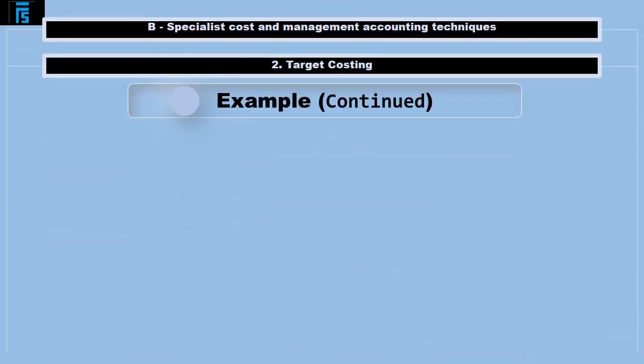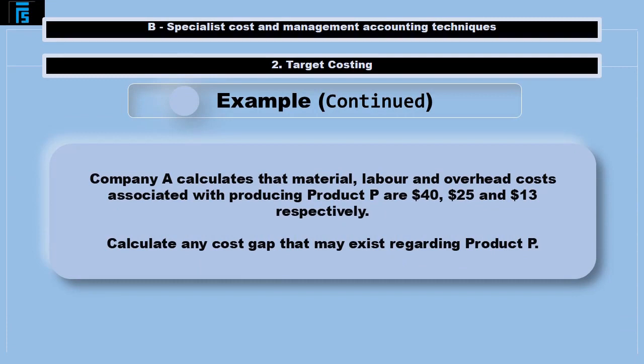Now let's continue with the same scenario involving Company A. Company A calculates that material, labour and overhead costs associated with producing product P are $40, $25 and $13 respectively.